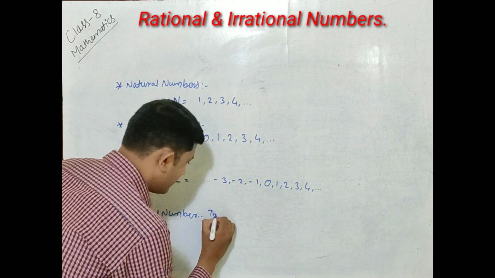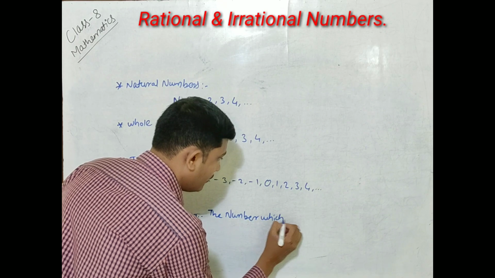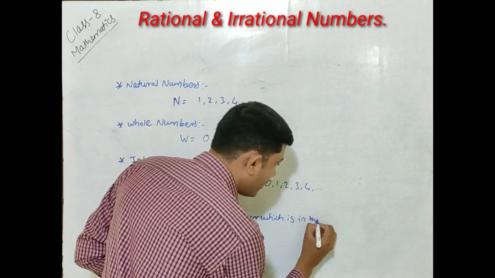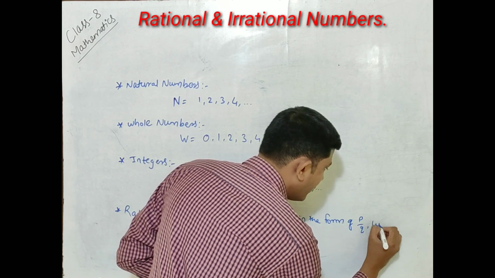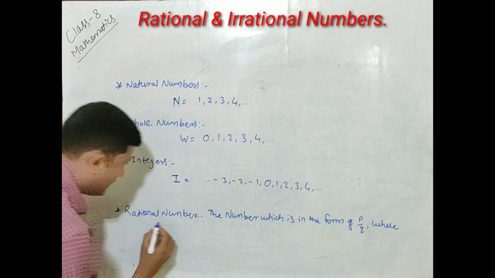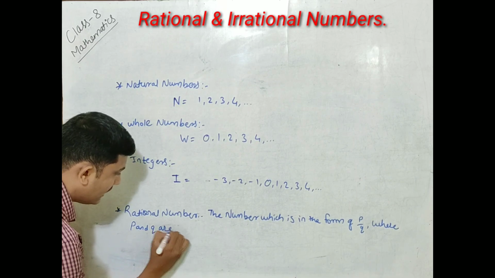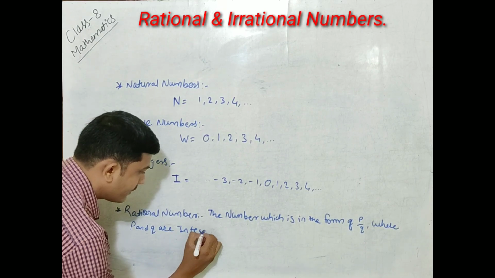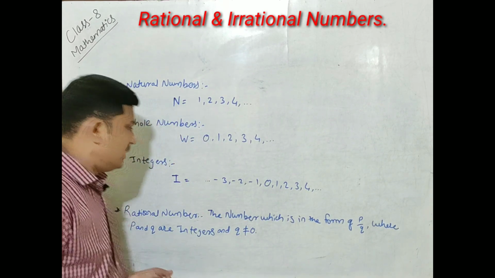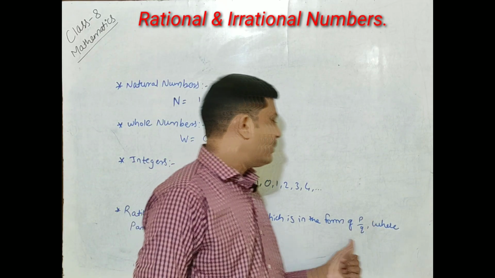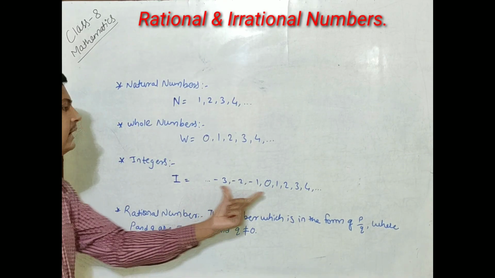The number which is in the form of P upon Q, where P and Q are integers and Q is not equal to 0, means the numbers which are in the form of P upon Q, that is numerator upon denominator, where numerator and denominator are again integers.